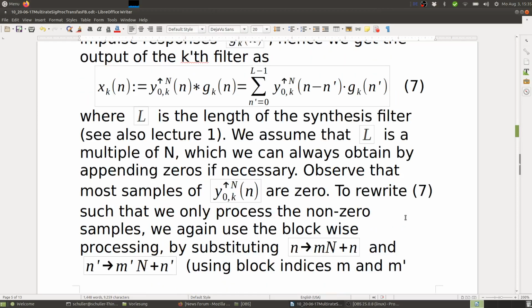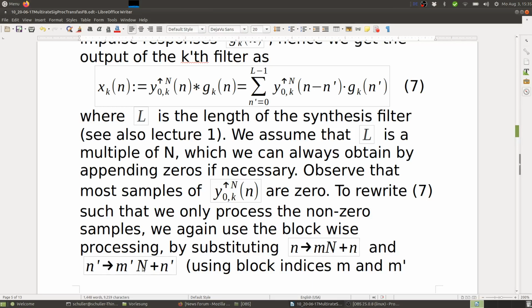So we can rewrite equation number 7 such that we only process the non-zero samples, and we again use the blockwise processing by substituting n by mN plus n, and the same for n prime.